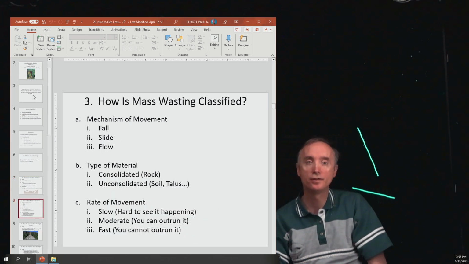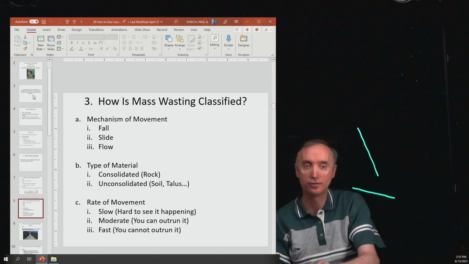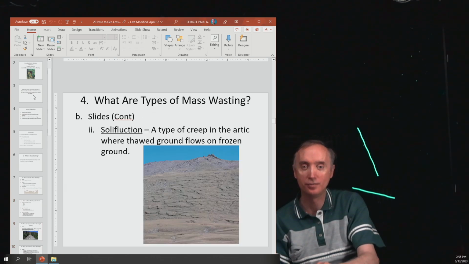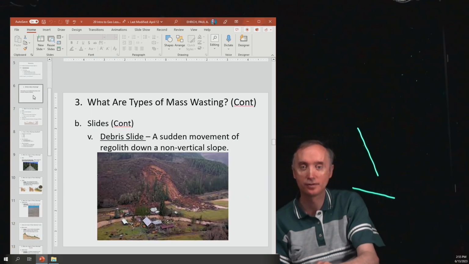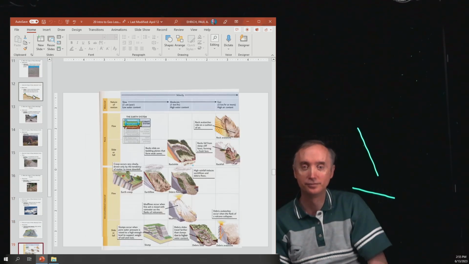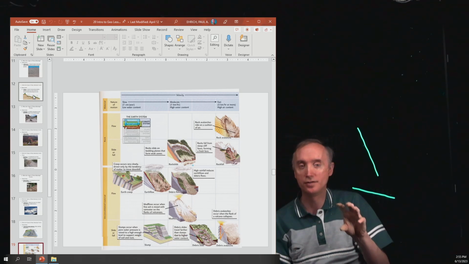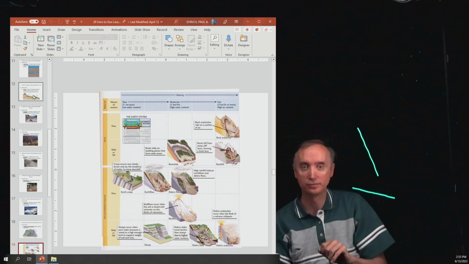So how do we define mass wasting? What are some different categories of mass wasting? I encourage you to have this open, this thing here, because that's the summary of the different kinds of mass wasting.